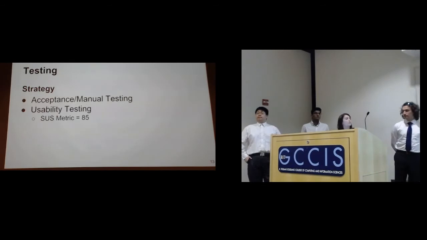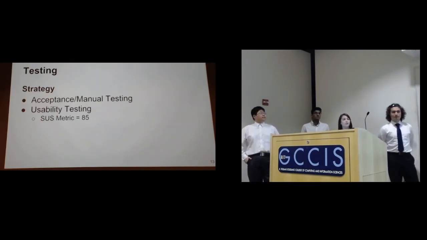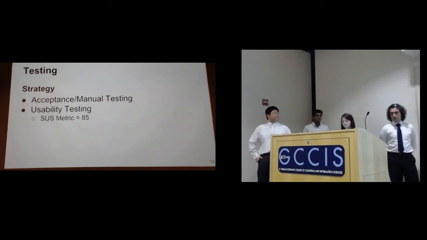They ran through those, checked out our system, did some user testing, and at the end, we had them fill out the SUS metric like some other teams did, which is basically a 10-question survey that highlights usability of the system. A typical score for that is a 68, and we got an 85, which we're really excited about.